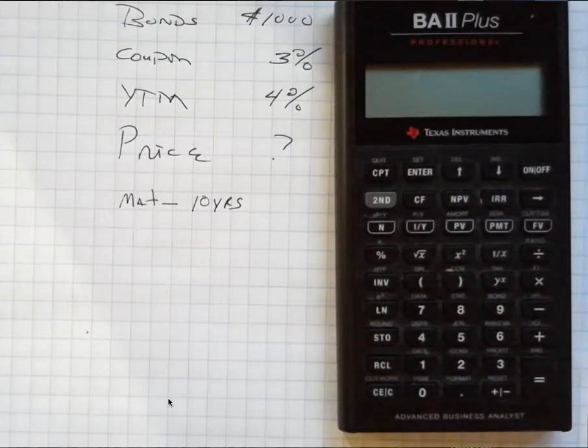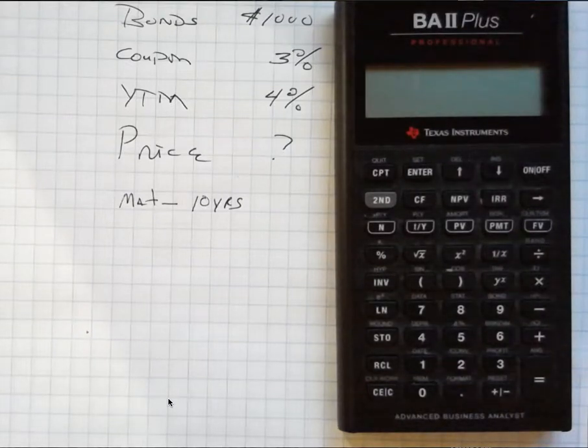So whenever you know what the coupon rate is, and it happens to be the same as the yield to maturity, the price of the bond will always be $1,000. Let me repeat that. If the yield to maturity is the same as the coupon on a bond, the bond will have a price of $1,000.